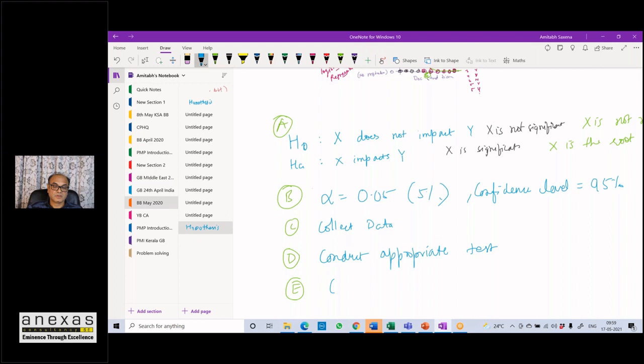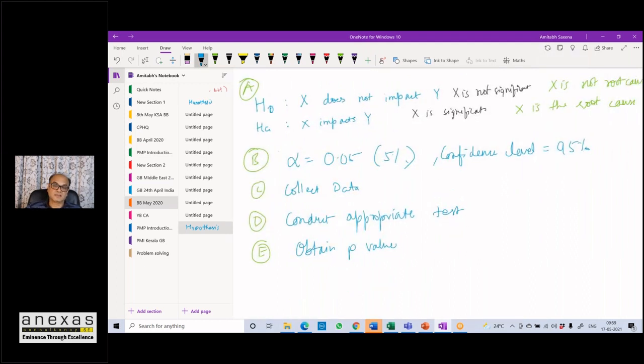Get the p-value. You'll obtain a p-value. All tests will give you some p-value, which is probability of you going wrong if you reject null. Probability of making a mistake, or probability of you going wrong if you say that X is the root cause. Rejecting null means you're telling X is the root cause. See, rejecting null means accepting HA, alternative hypothesis.